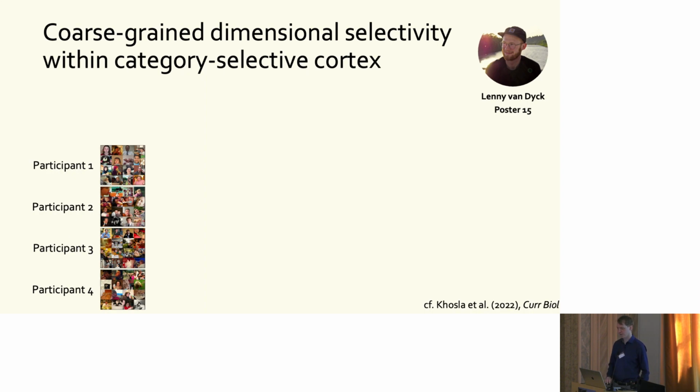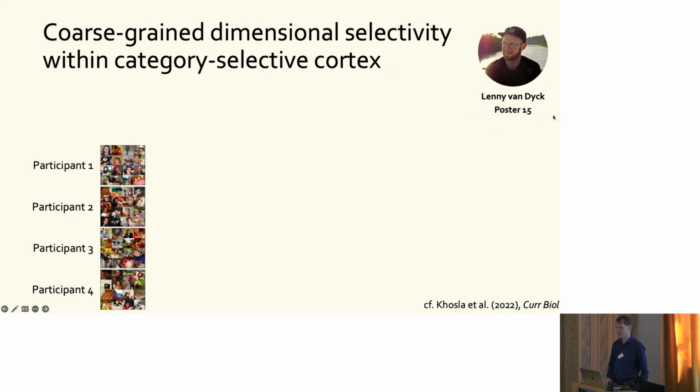And to do this, we moved away from the THINGS data that we've been using so far, because they're not optimized for these purely data-driven approaches. And we've actually started to work with a natural scenes data set, even though I think it's not optimal, but it's currently the only publicly available data set that gives you the possibility to do these types of data-driven analyses. And Lenny van Dijk, who's a grad student in my lab, has been working on this.